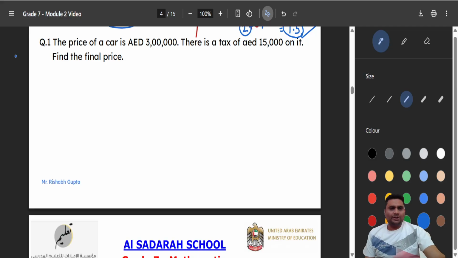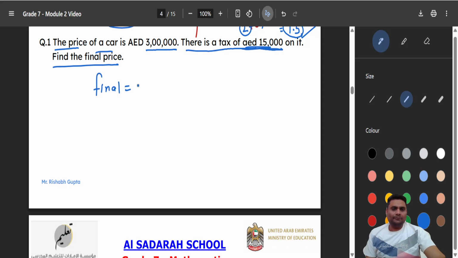Now, question number 1. The price of a car is 300,000 dirhams, and there is a tax on the car of 15,000 dirham. See, here the tax is given in dirhams only, so no problem for us. What will be the final price? My final price will be the price of the car plus the tax, correct?